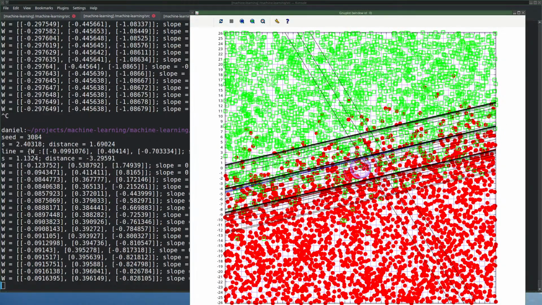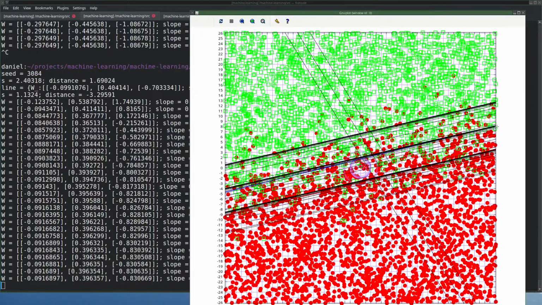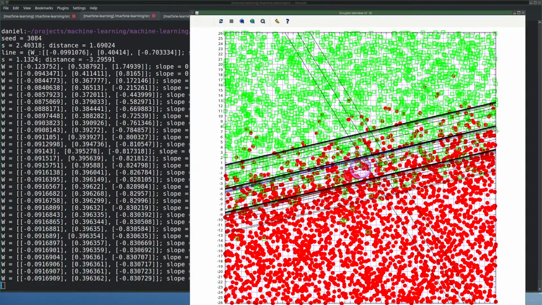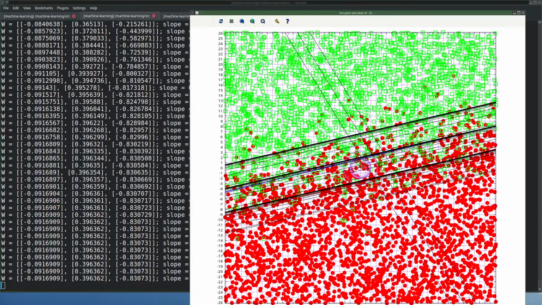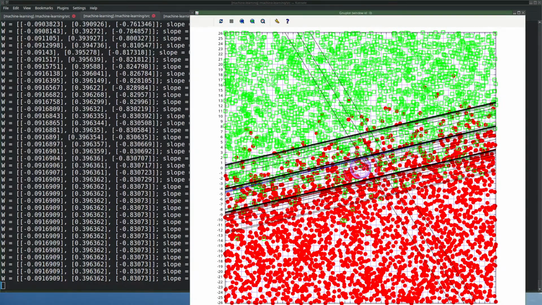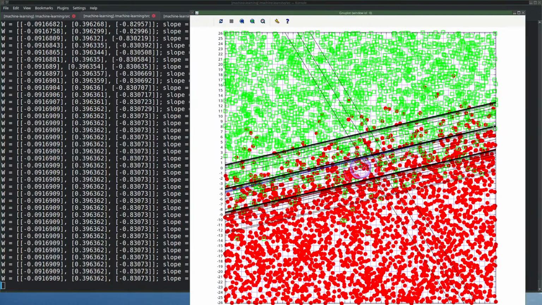So here we have, if this is the line, the correct line, then we cut off all these red points here. And we add just a few green ones. And here, wait a minute, that's not correct, of course. We add a few green here and we cut a few red off.